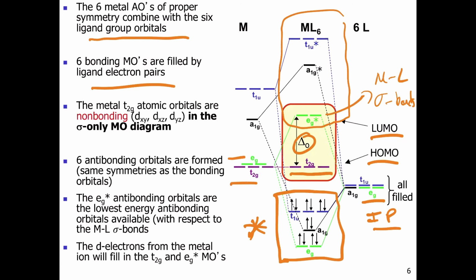And the point of that being, the closer they are in energy, the more deflection you'll get in this direction, and then the more deflection you'll get going up in energy for the anti-bonding orbitals, and then that directly influences the magnitude of Δ_O.